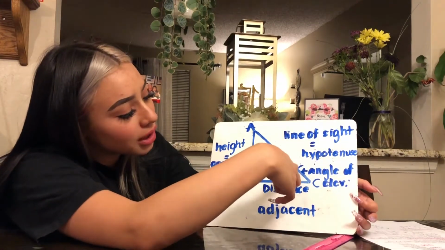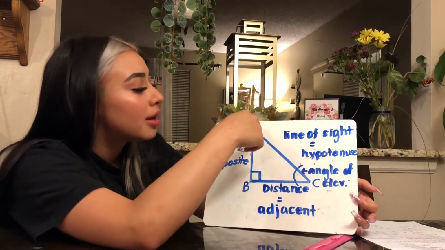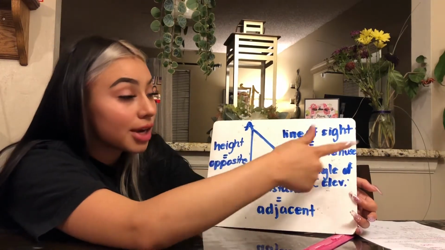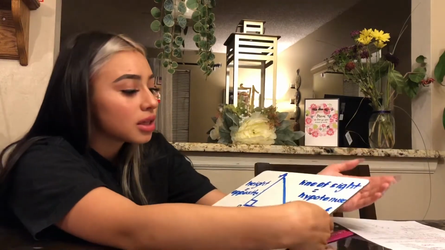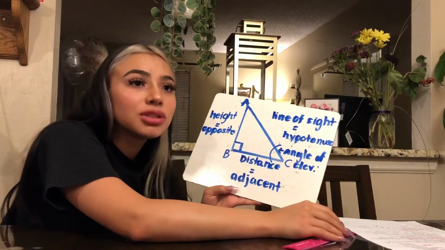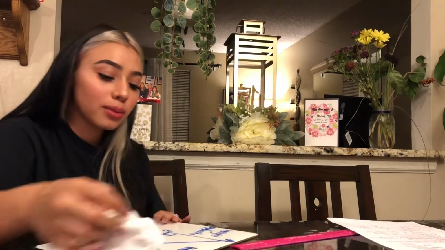The angle right here is called the angle of elevation. The line going from A to C is the line of sight, also known as the hypotenuse. Once you know that, you'll have no problem doing trig. So let's head on to example problems.